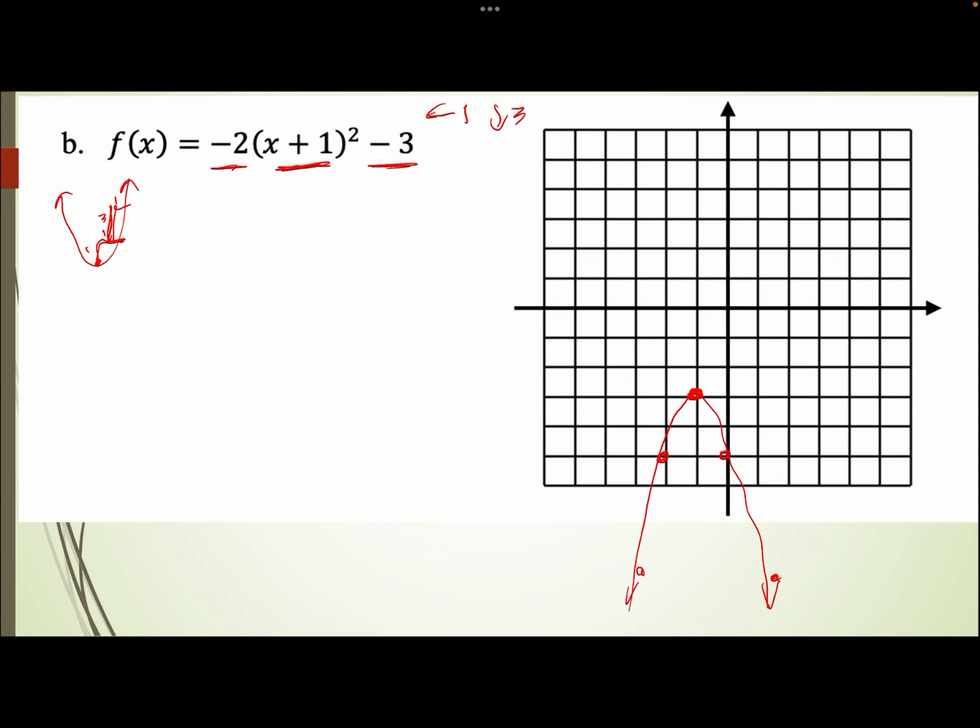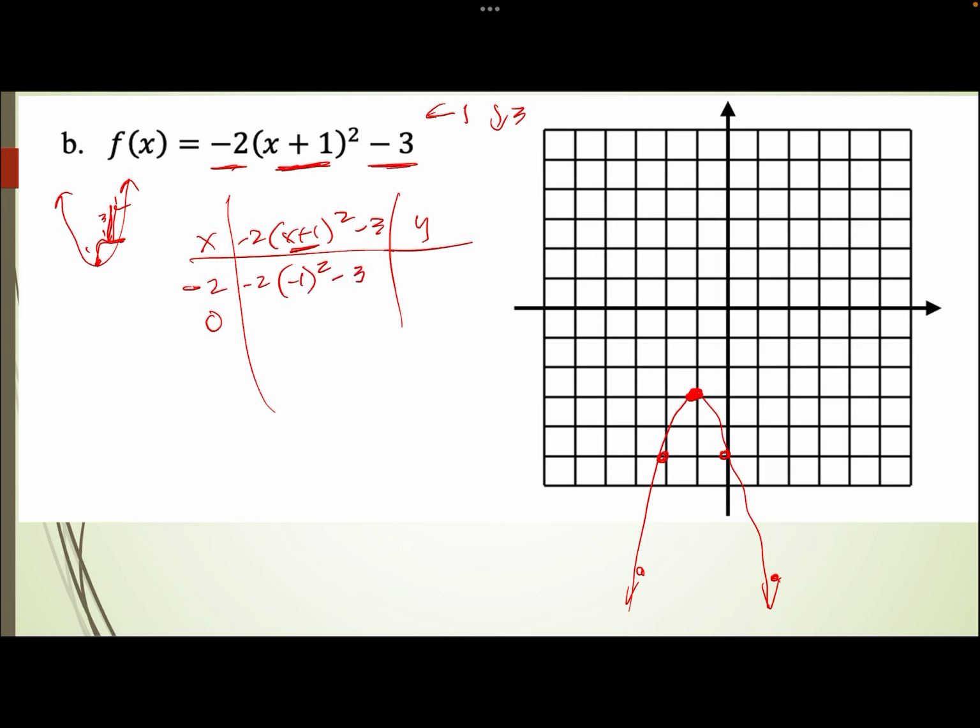Now if I forget the pattern, again, just make a table and do this. Now, I have my negative 1, negative 3 here to start with. So I want to go on either side of this negative 1. So I'd put a negative 2 and a 0 in. So negative 2 plus 1 is negative 1 squared.